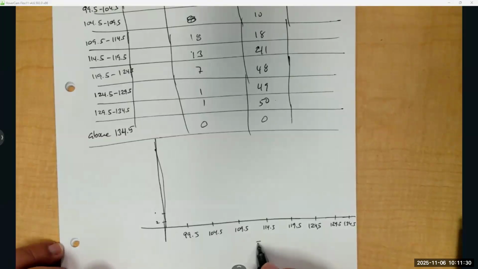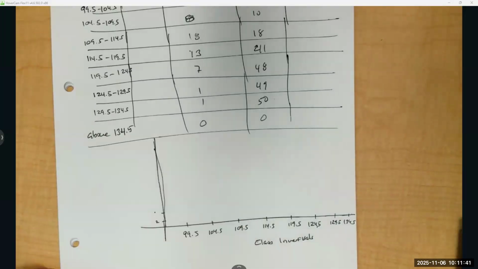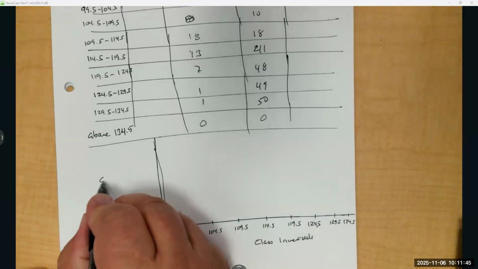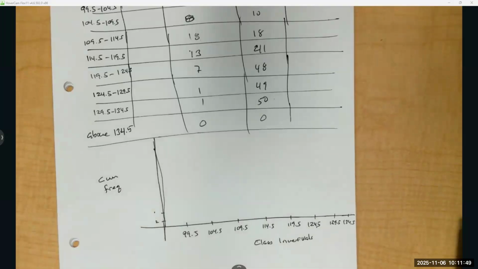Okay, which are the class intervals. We're looking at the beginning points. What's on the vertical axis? The cumulative frequency, because this is an ogive graph.